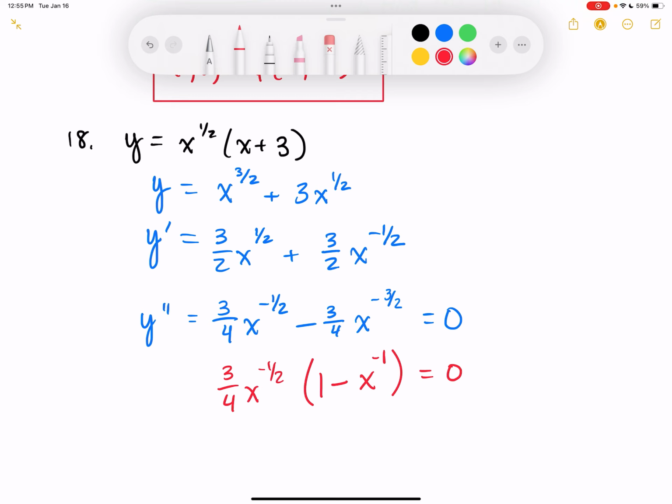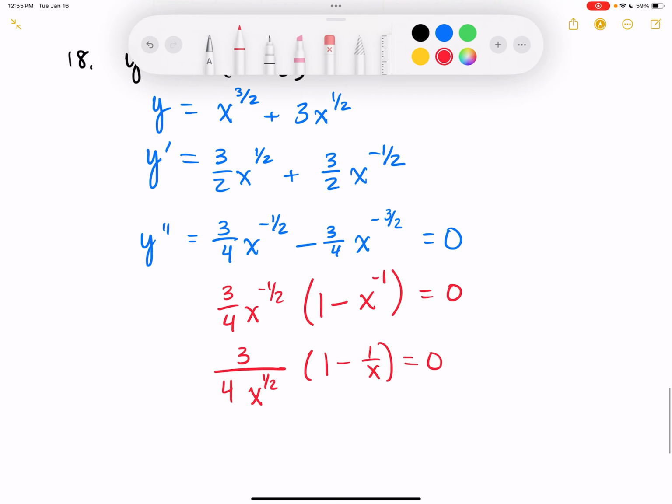So again, set both pieces equal to 0. Right, and I would recommend we do this, to make it easier.